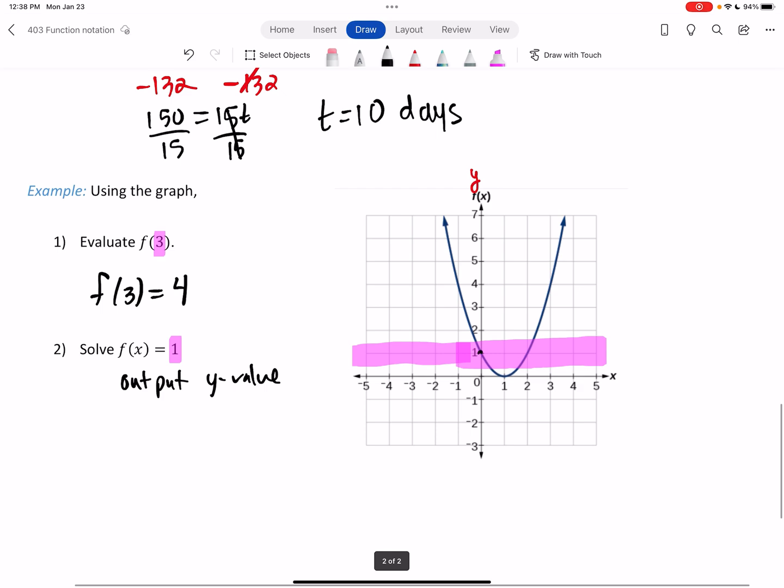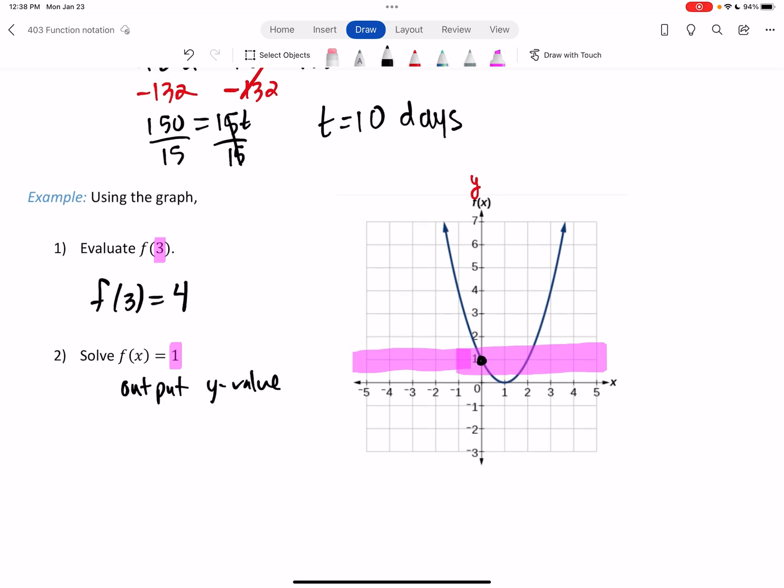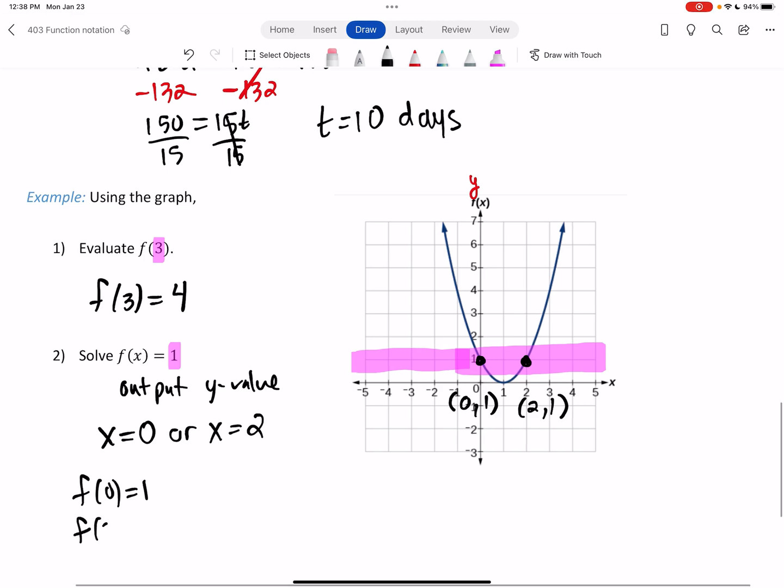And so I see that y is 1 at this point on the graph, and also over here at this point on the graph. So y is 1 at 2 places, 0, 1, and 2, 1. So there are 2 x values that make this true. X equals 0 or x equals 2. Because f of 0 is 1, that's the point on my graph, and f of 2 is 1, another point on my graph.